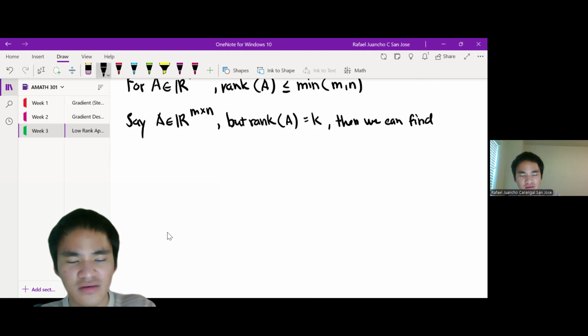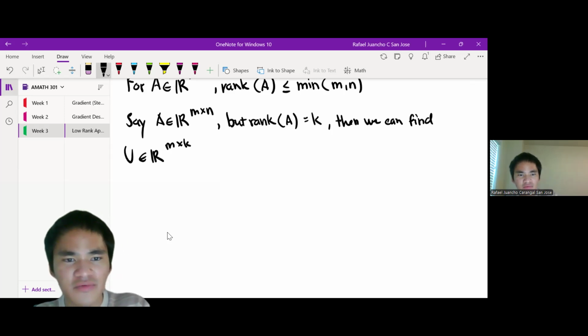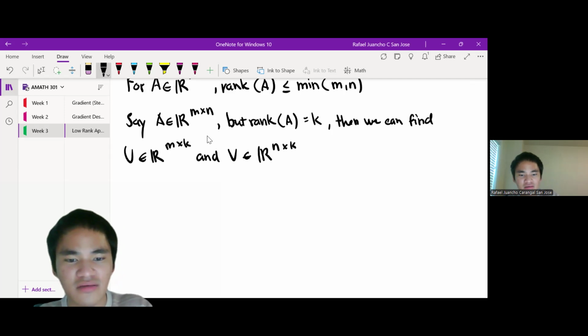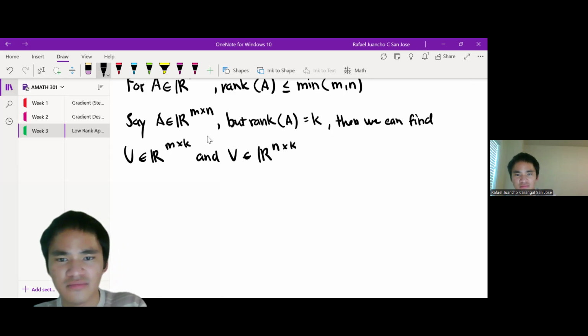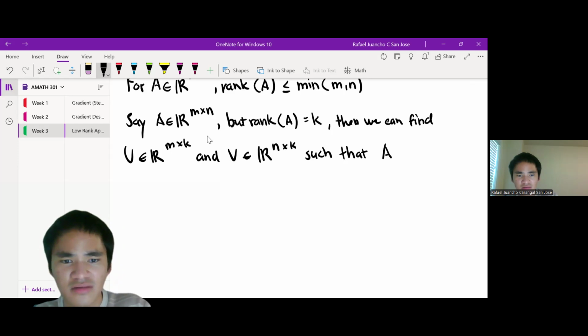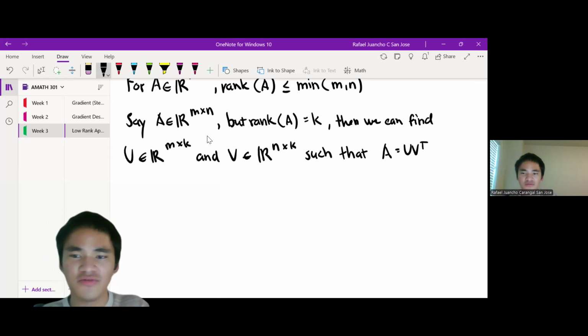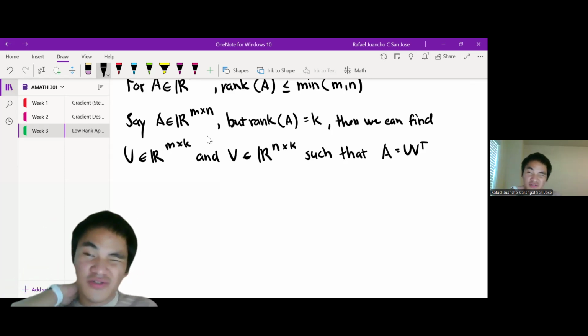We can find U, and my U here is M by K, right? And then we say V. This is N by K, right? So we have to find those 2 things, U and V, such that my A is exactly U V inverse. Oh, no, not V inverse, V transpose.